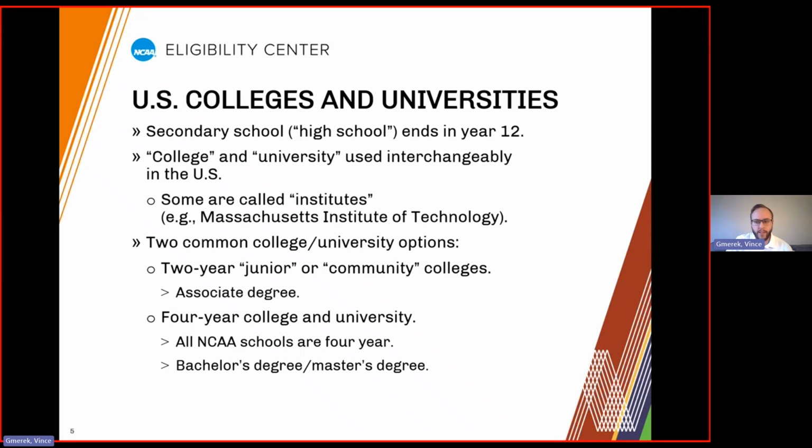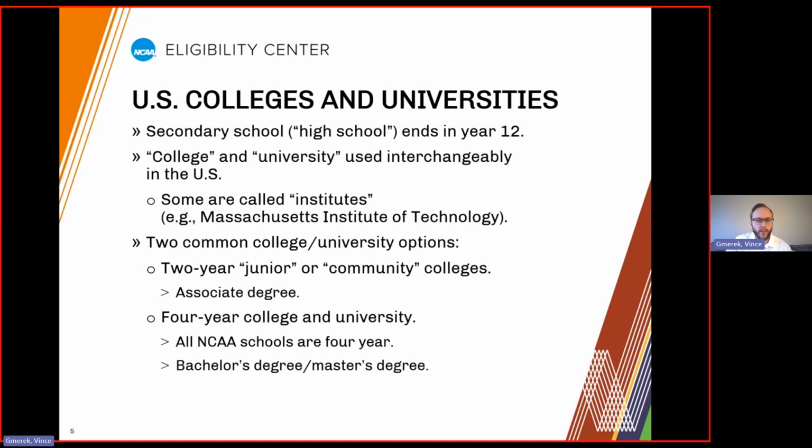To start, it's important to note that there are some differences in the names used for international schools and the names used for schools here in the United States. Specifically, we often refer to secondary school in the United States as high school, which normally ends in academic year 12 for students.